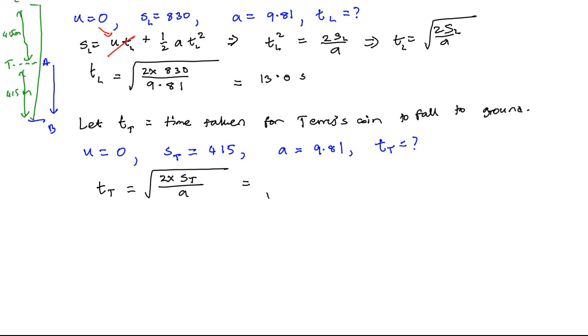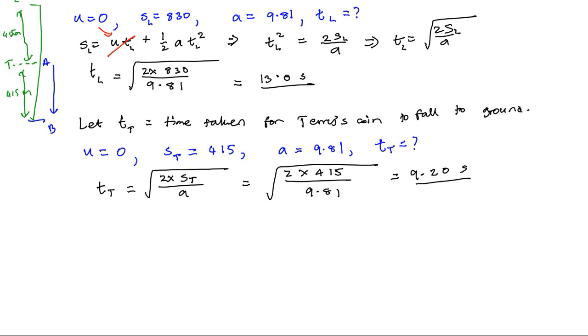So that is 2 times 415 divided by 9.81, and I have to take the square root of that, and that will give me 9.20 seconds. So Terry's coin takes 9.2 seconds to fall.